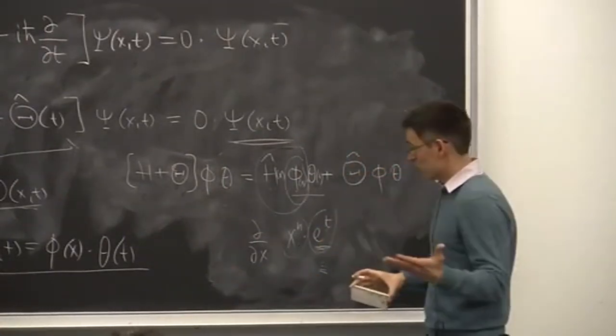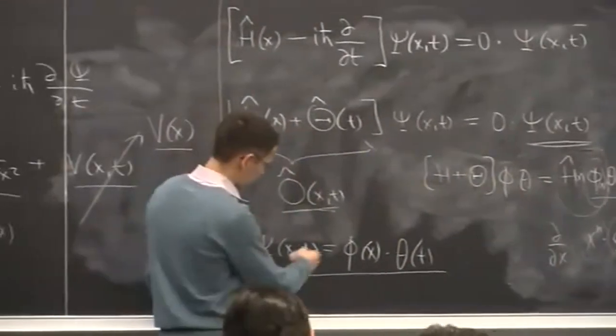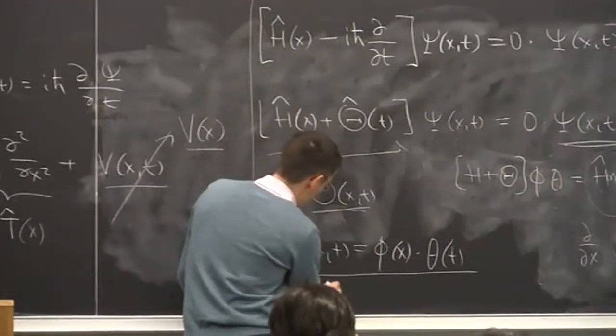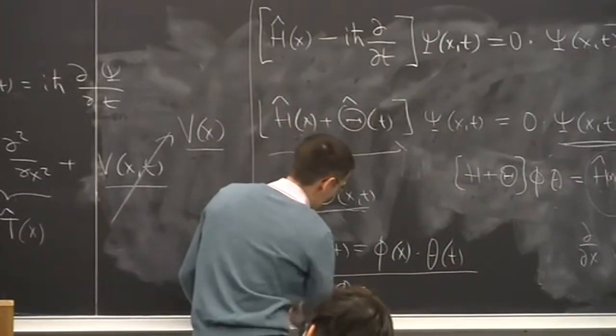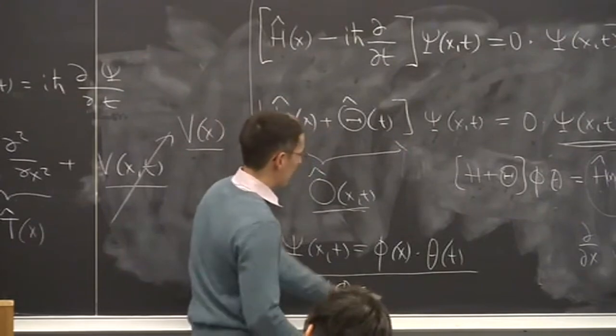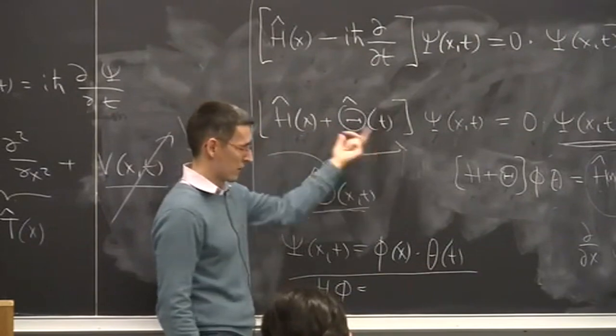Now what I forgot to say, and which is very important here, is that for this to be true, phi and theta must be eigenfunctions of this operator and that operator respectively.